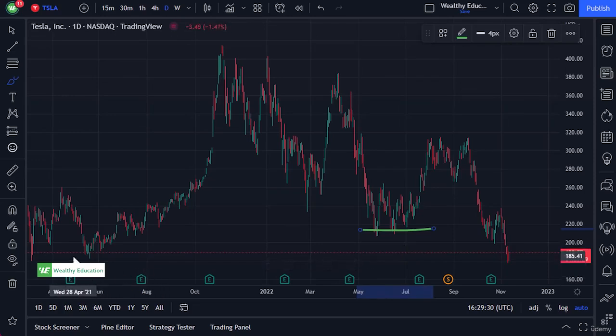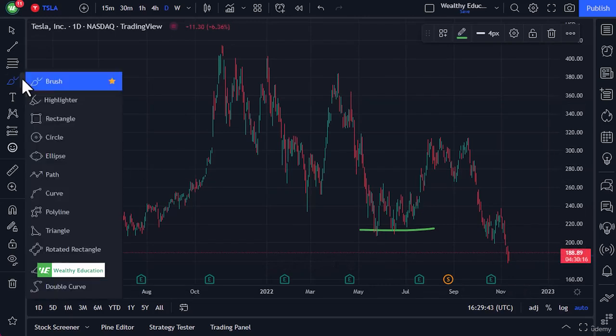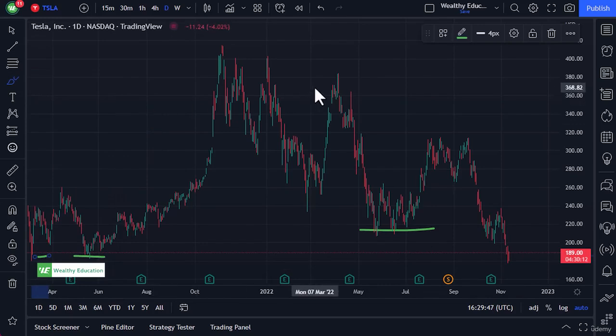Notice how you could say the same thing about this area at least twice. This happens to be Tesla, but this works the same on any other asset.